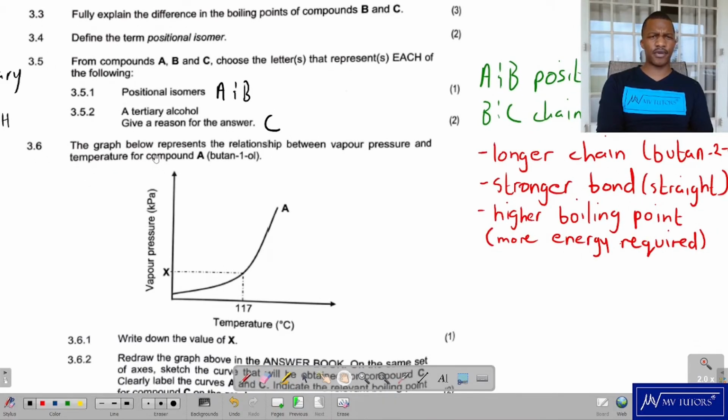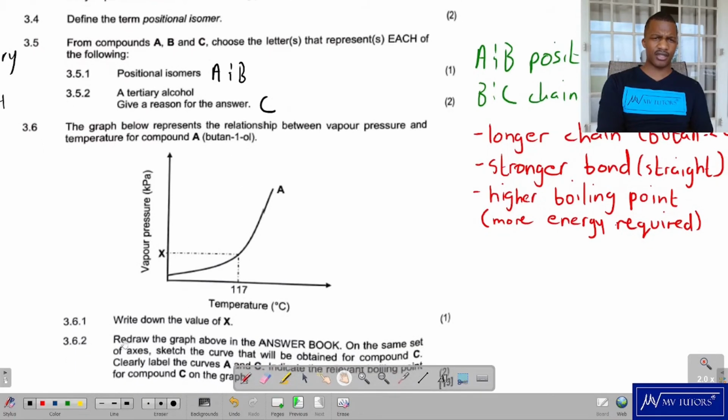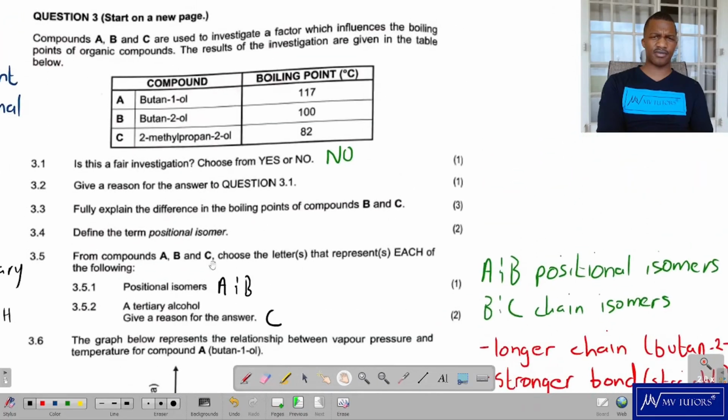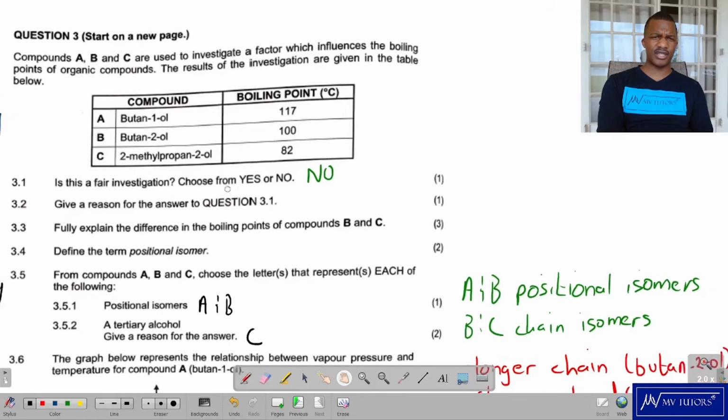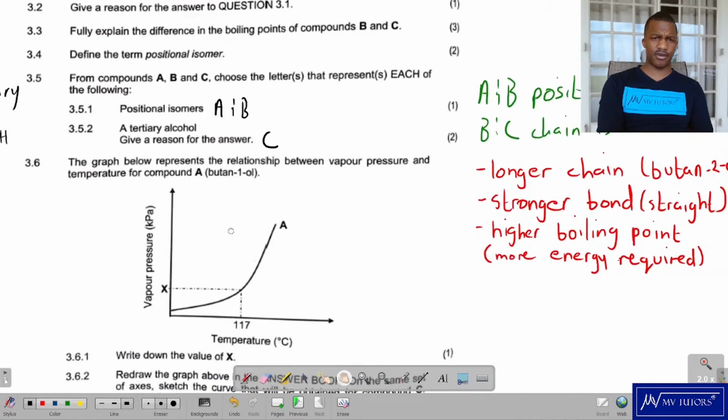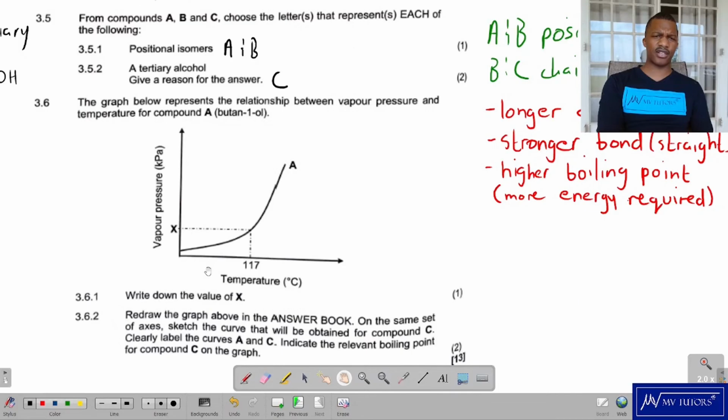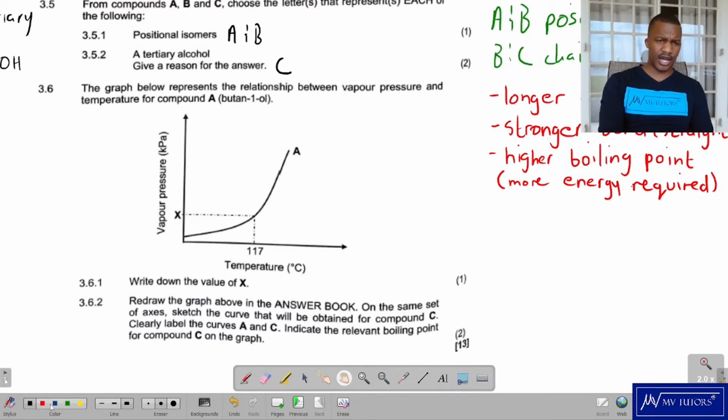3.6, the graph below represents the relationship between vapor pressure and temperature for compound A. Write down the value of X. Okay, so these are boiling points. Very often X would be the standard, which is 1 atmosphere.